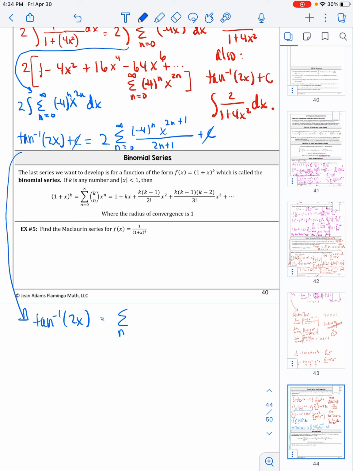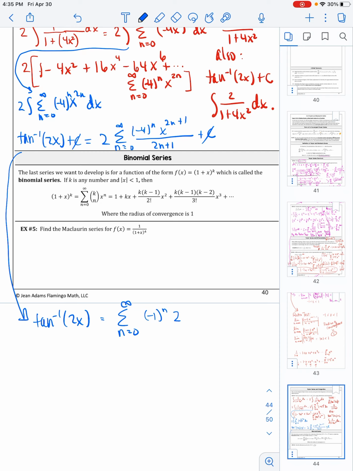So I think I need to add another page so that I can bring this down, and we're going to say that the inverse tangent of 2x is equivalent to summation n equals 0 to infinity. This is going to be negative 1 to the n.